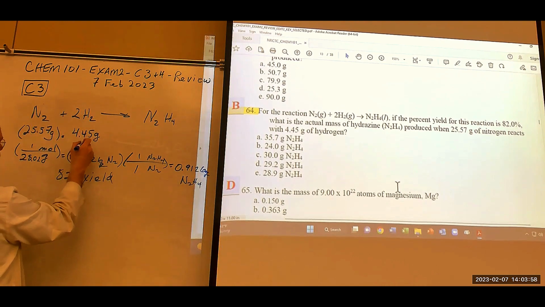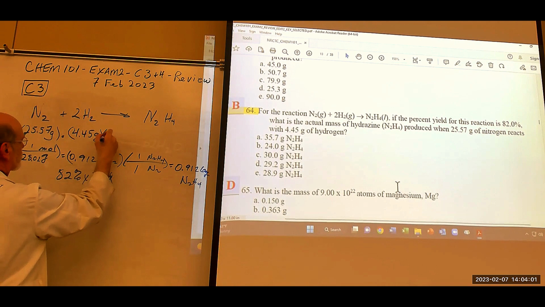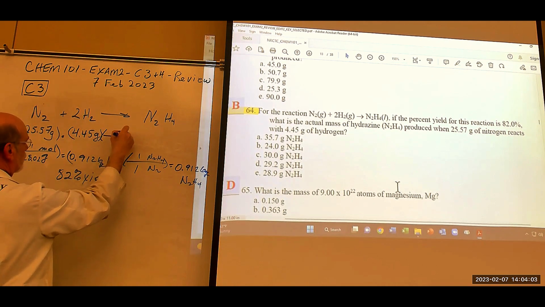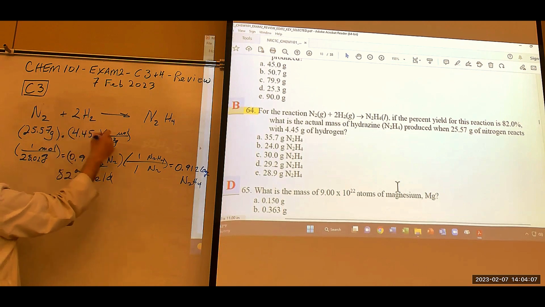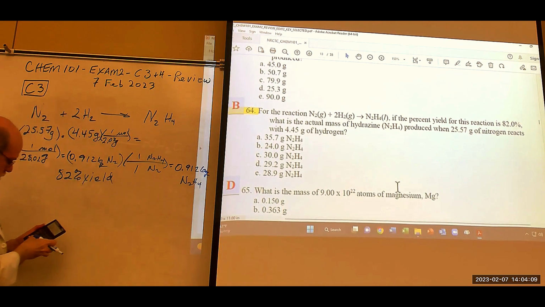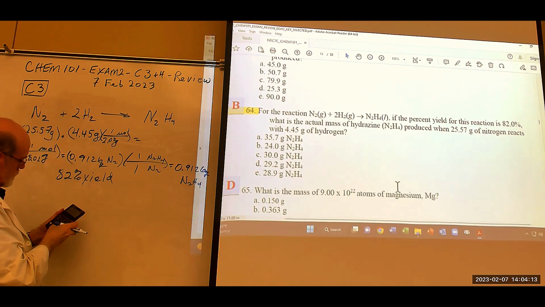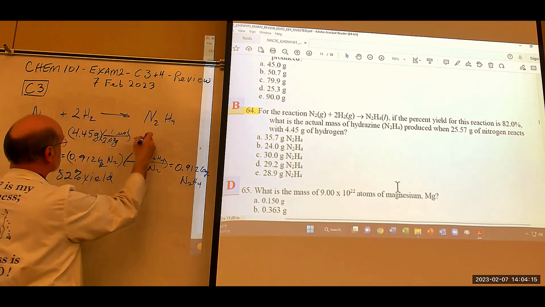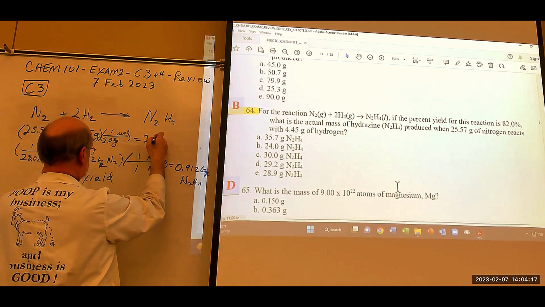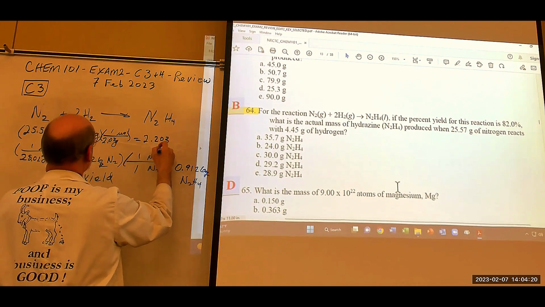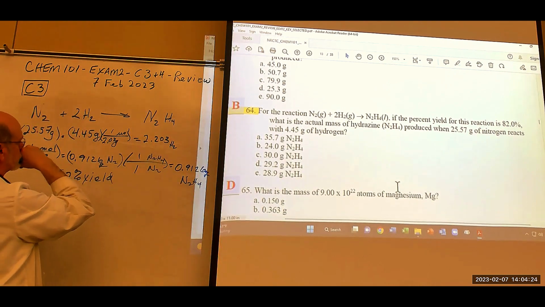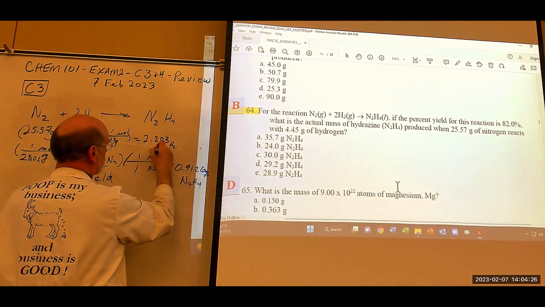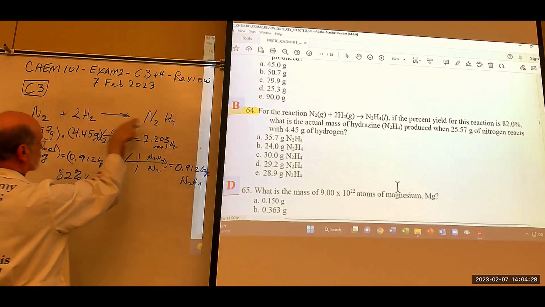Now we need to convert that hydrogen, 2.02 because there are two of them. 4.45 divided by 2.02 is 2.203, and that's moles of hydrogen, not grams, excuse me. How many moles of this would it be?